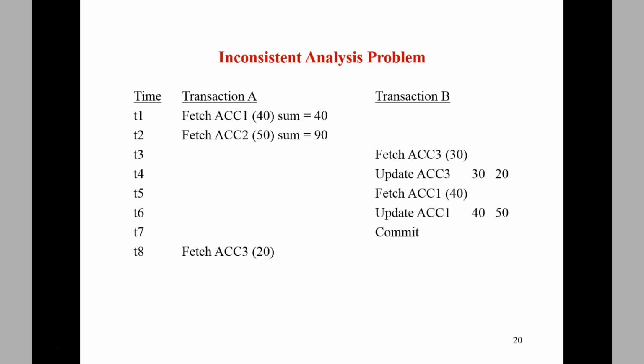This is like that end of day account balance summary that we discussed earlier for a banking application. We're now seeing a value in account 3 that is not really consistent with respect to the time for the values for account 1 and account 2. We wanted them all to be reflective of the same point in time.